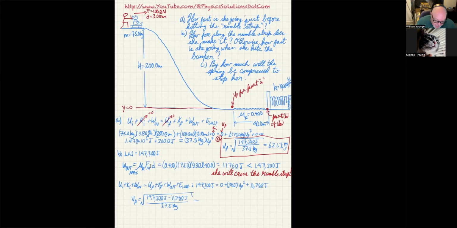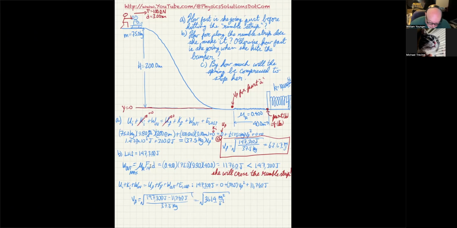And when I do that, I get 147,300 minus 11,760. Now I'm going to divide that by 37.5, and that gives me 3,614. And that's meters squared per second squared.